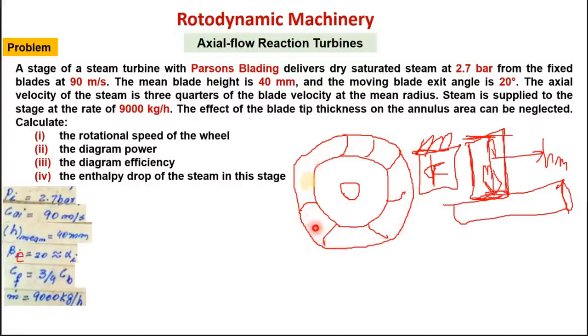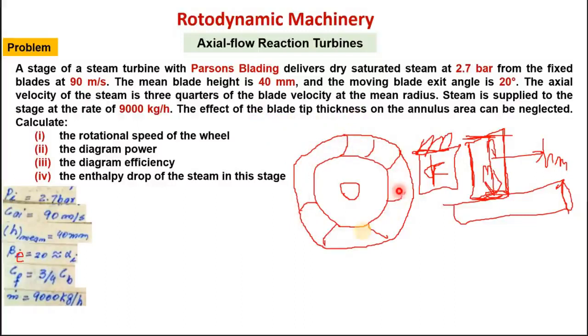Right. So this whole area is the annular area in the form of a ring through which steam is flowing in the axial direction, means into this screen or out of the screen. So here what is given, the blade tip thickness. This blade tip thickness is negligible.